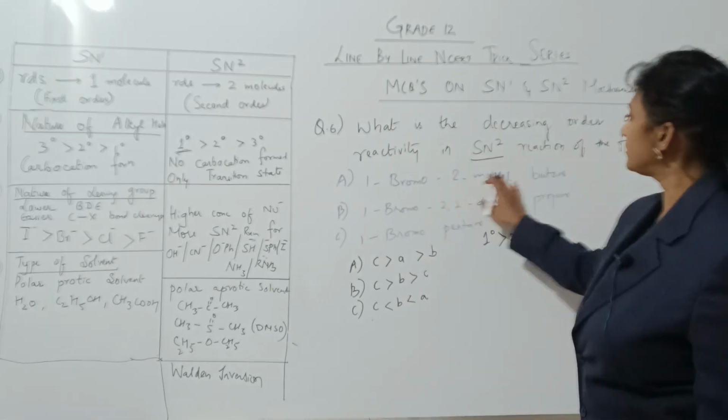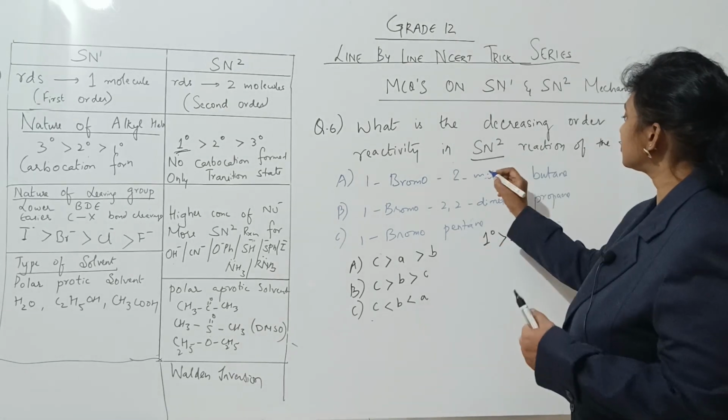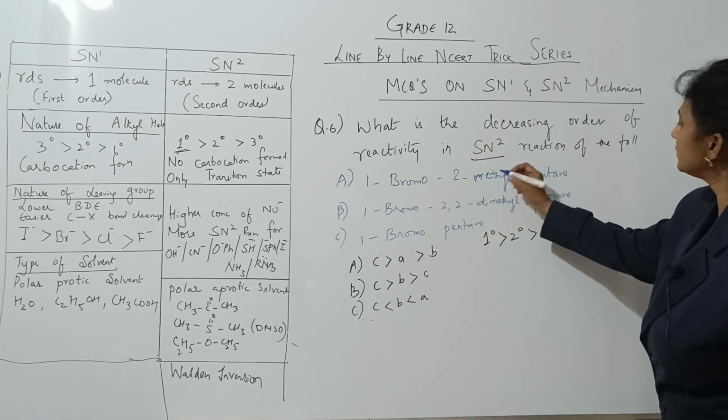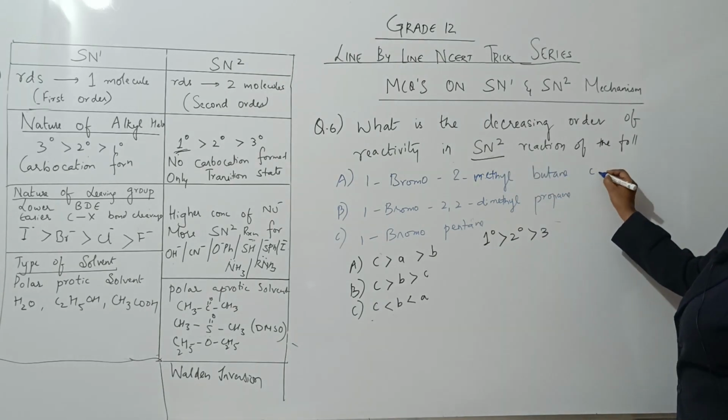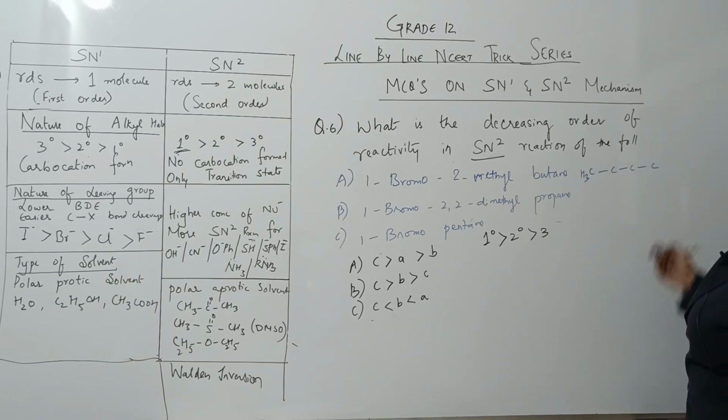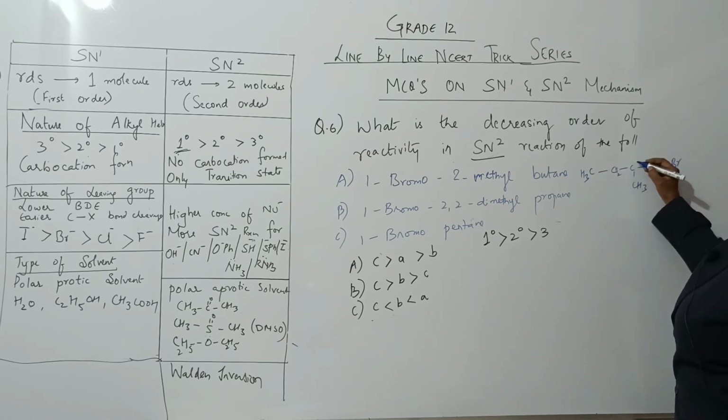Perfect. Now elaborate these structures. Elaborate 1 bromo 2 methyl butane. Let us write 1, 2, 3, 4. They said 1 bromo, okay, CH2Br. Then they said 2 methyl. This is also done. CH2, this is CH.